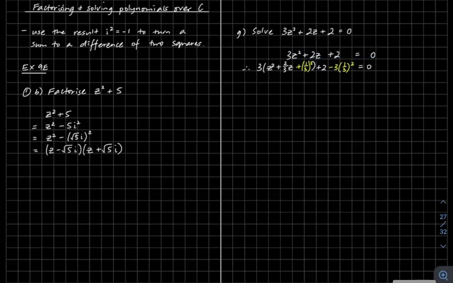Now, completing the square on what's in the brackets would be 3 outside of z plus 1/3 squared. And then we've got plus 2, and then minus 3 over 9, since a third squared is going to be 1/9.